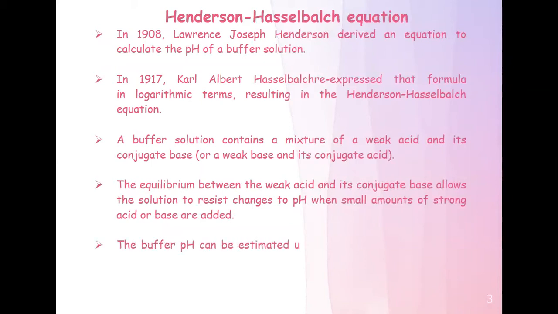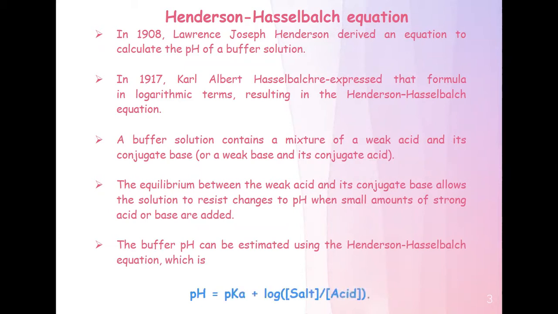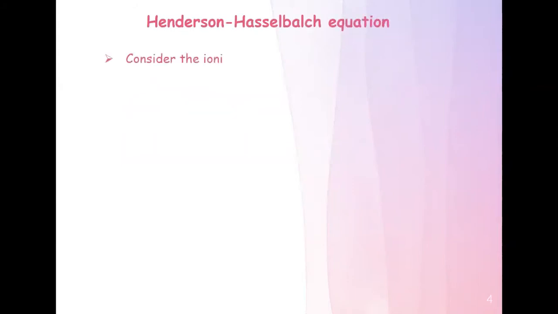The buffer pH can be estimated using Henderson-Hasselbalch equation, which is pH is equal to pKa plus log of salt upon acid. Consider the ionization of weak acid, that is HA, which has some pKa value.